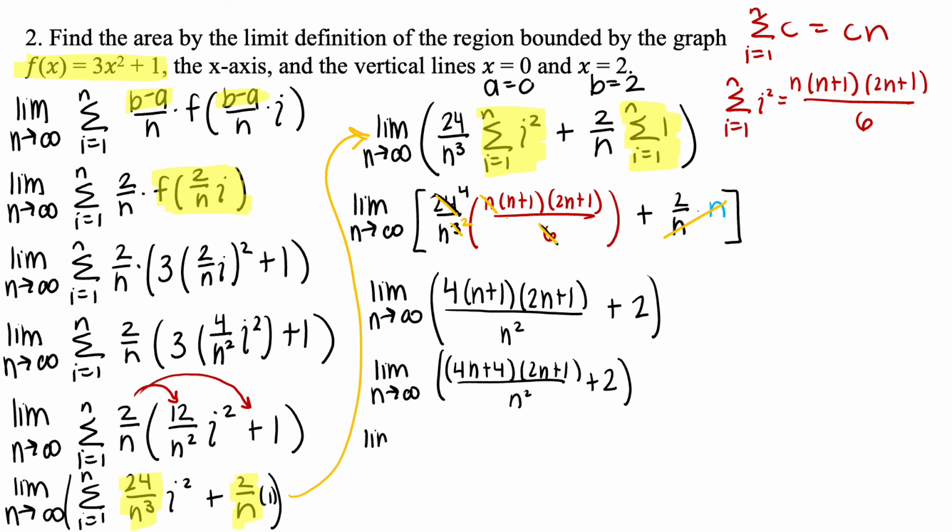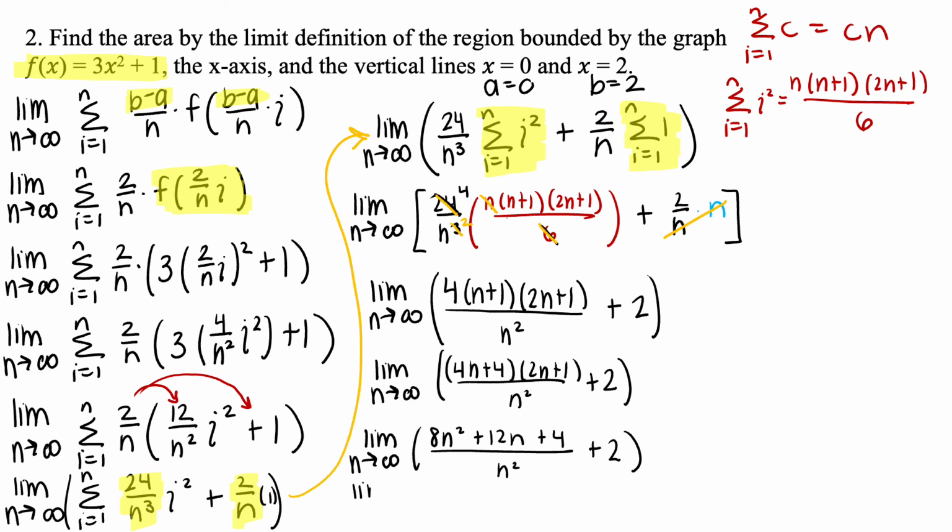So I have the limit as n goes to infinity, and then 4n times 2n gives me 8n squared, plus 4n plus 8n gives me a plus 12n, and then 4 times 1 is just 4, all over n squared, plus 2.